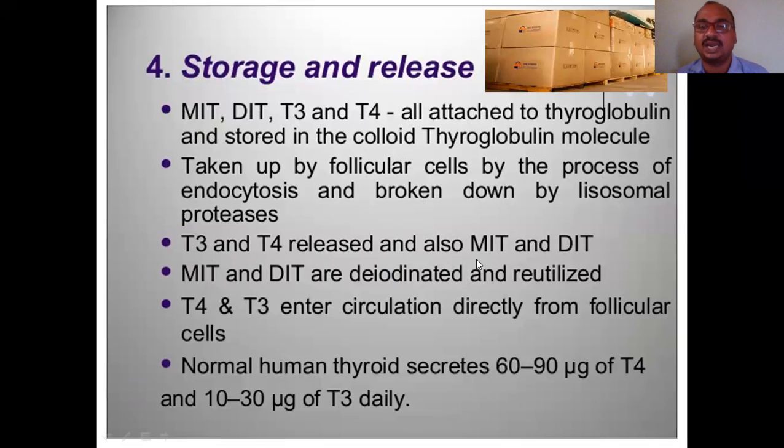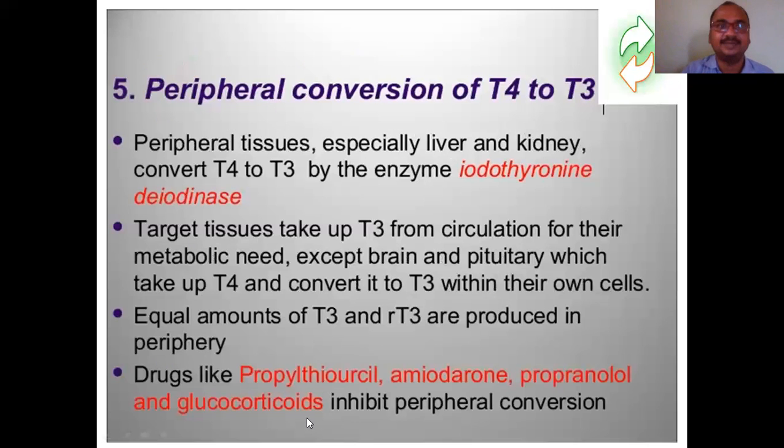T3 and T4 are released, and MIT and DIT are deiodinated. Finally, how much amount? The normal human thyroid secretes 60 to 90 micrograms of T4, and 10 to 30 micrograms of T3 daily. This is very important.